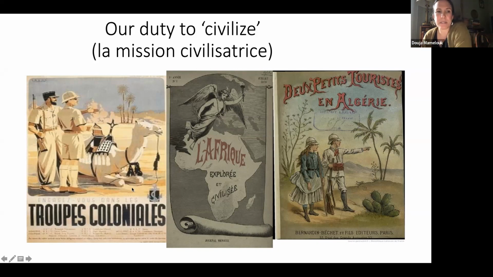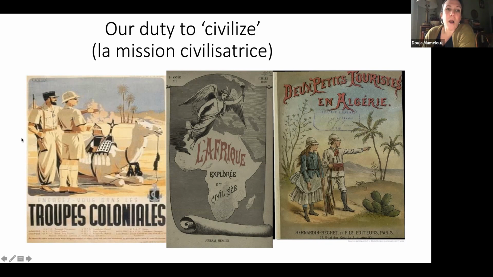If you notice, all these posters have something in common, which was the fact that it looks like a peopleless land. And this is a trope that has repeated itself in colonization. You've seen it. It still exists today. If you want to build an argument around colonization, you say that you're going to this place that doesn't have too many people, something very similar to what happened with Columbus coming to America.